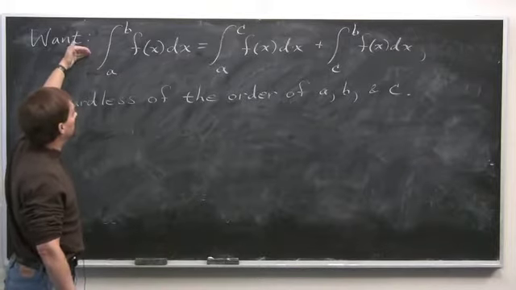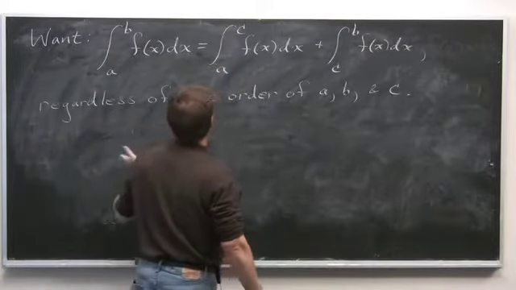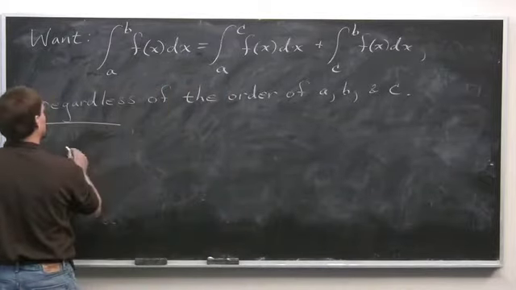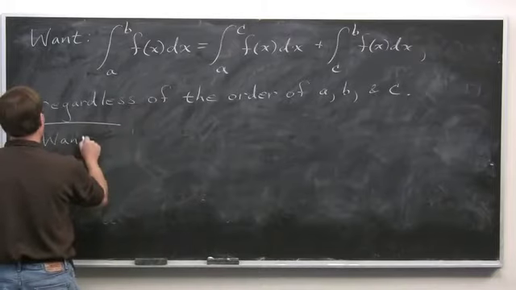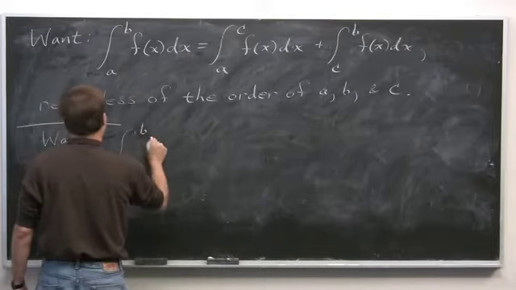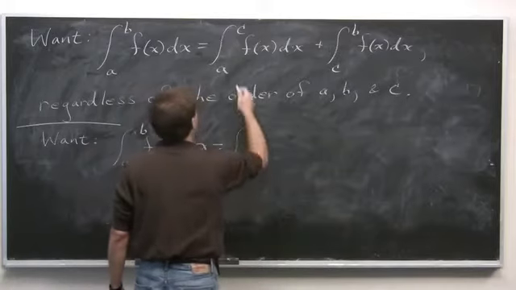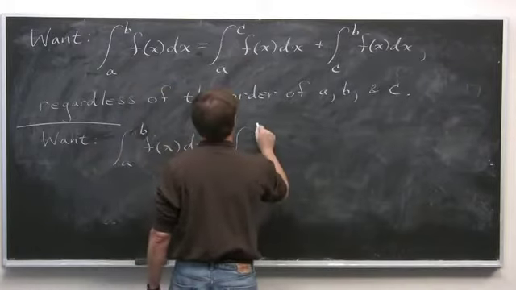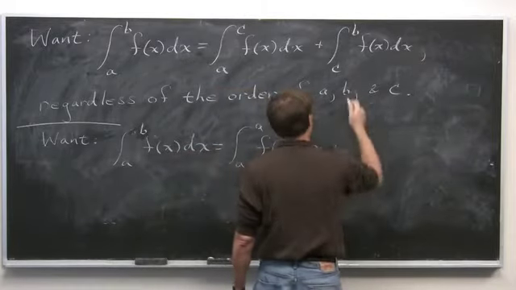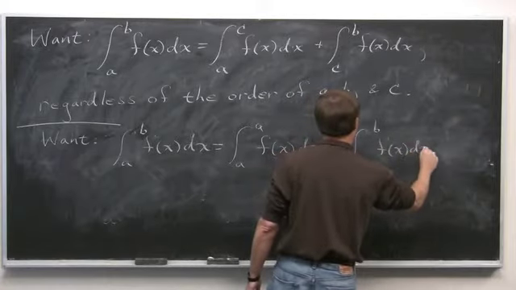So what do we do? Well, suppose you pick c to be a in this formula. We want the formula to be true even if c equals a. So we want the integral from a to b of f of x dx to equal, if c is a, the integral from a to a of f of x dx plus the integral from a to b.